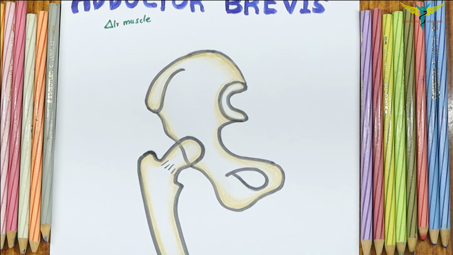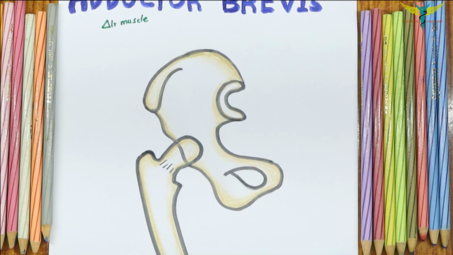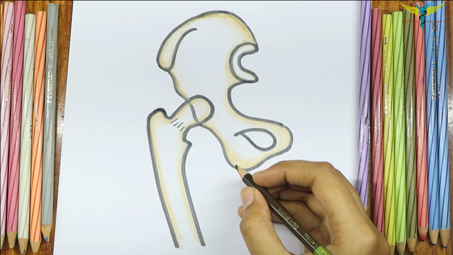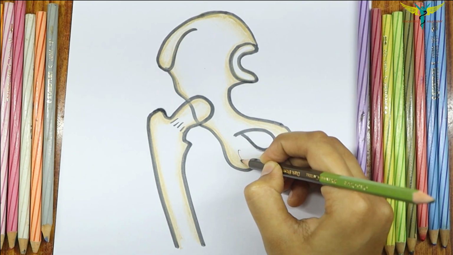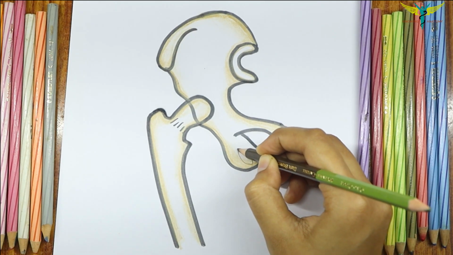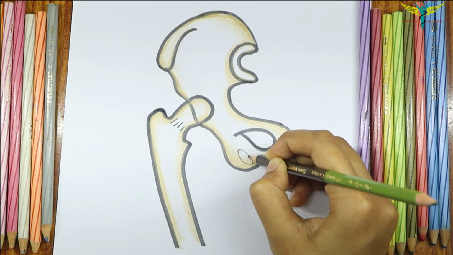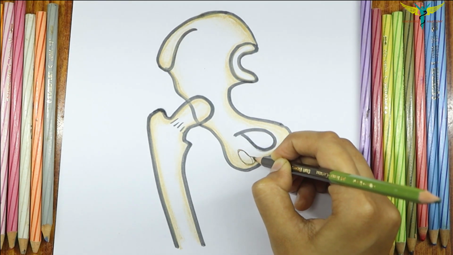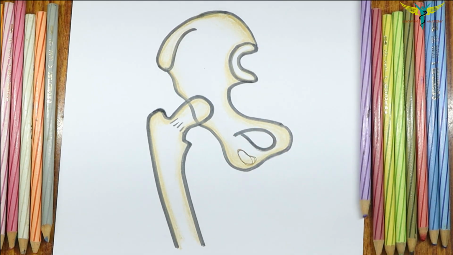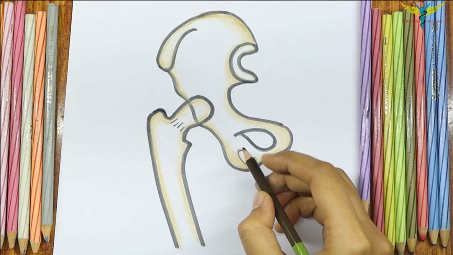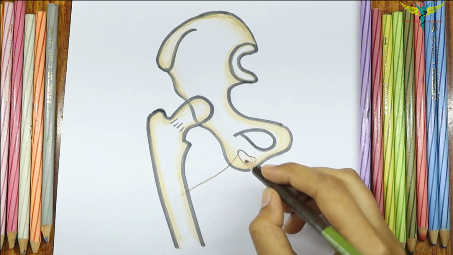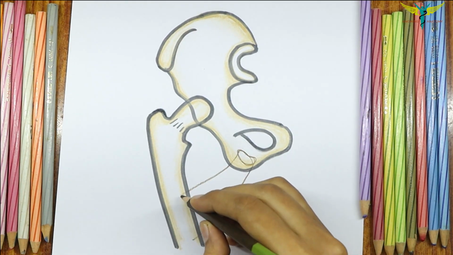So let's draw the origin and the insertion of the adductor brevis muscle. The adductor brevis originates at the lower part of the body and the inferior ramus of the pubis. That means here. So this is the origin of the adductor brevis, and it inserts in two ways.